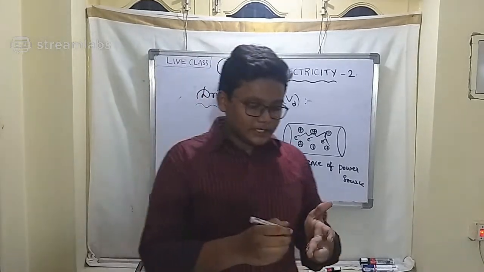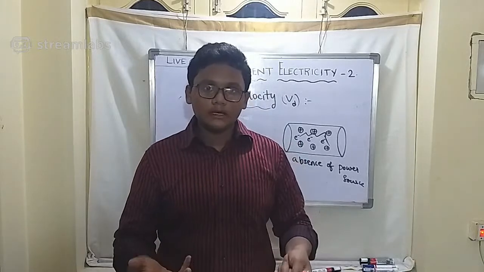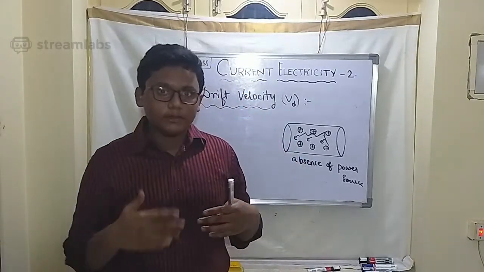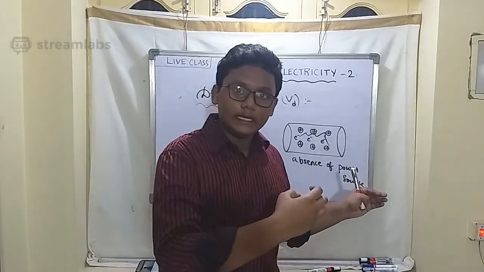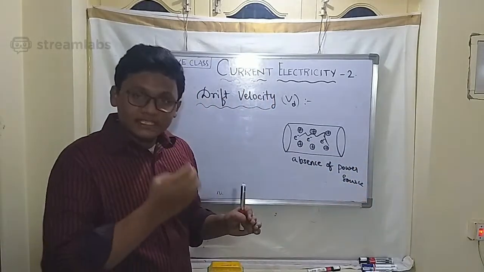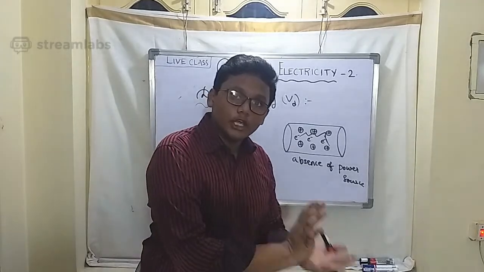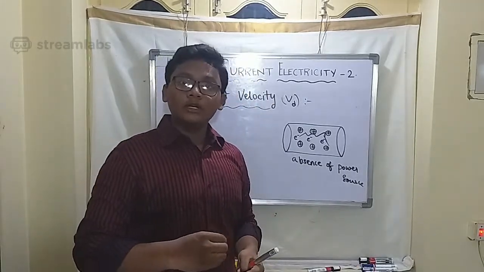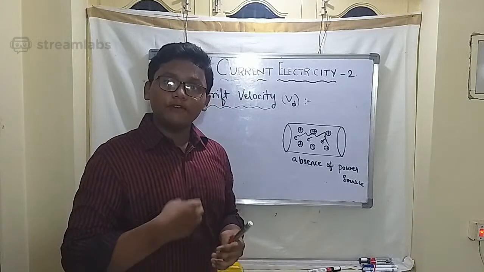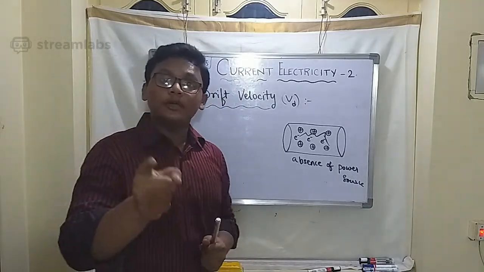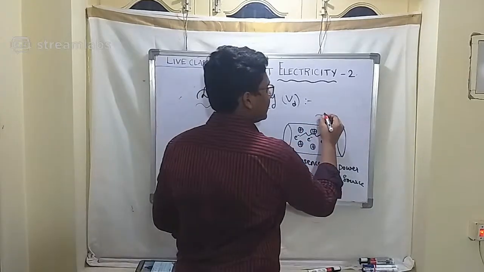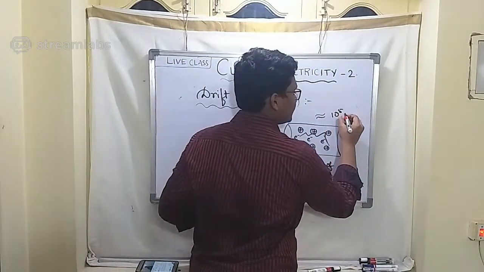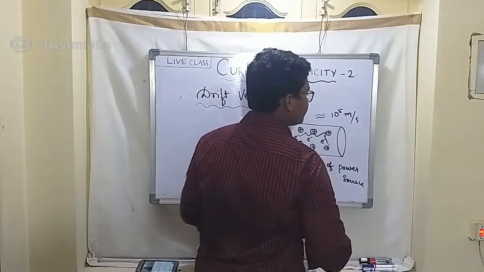You may think, where do they get the velocity from for random motion? The heat is there, and that heat applies some force on them. Due to that force they undergo displacement and gain a thermal velocity. That thermal velocity is nearly 10 to the power of 5 meters per second.